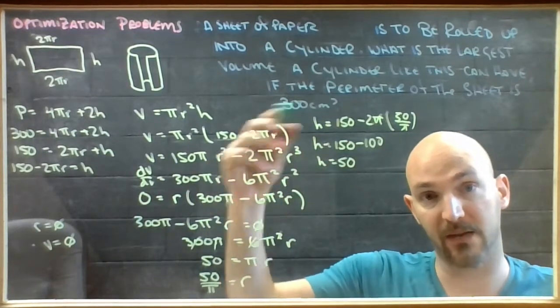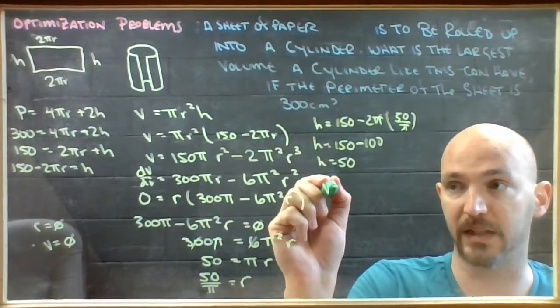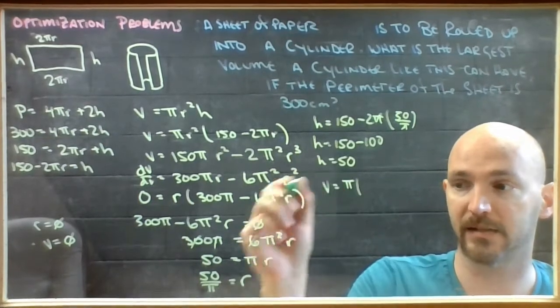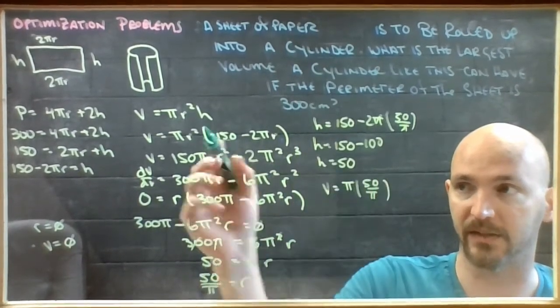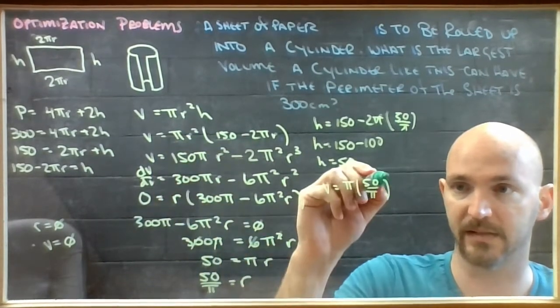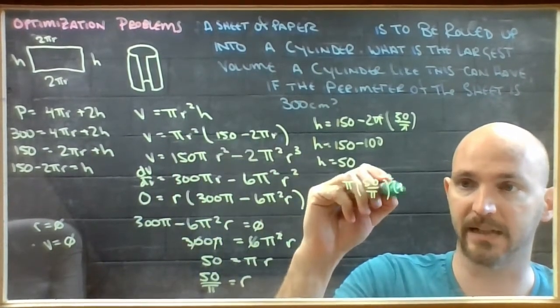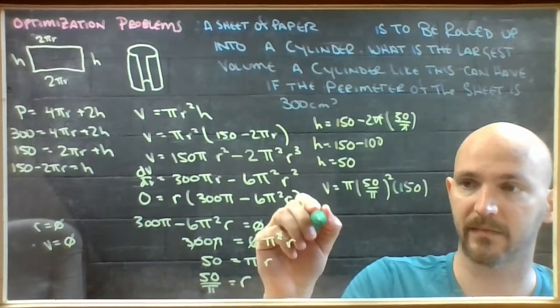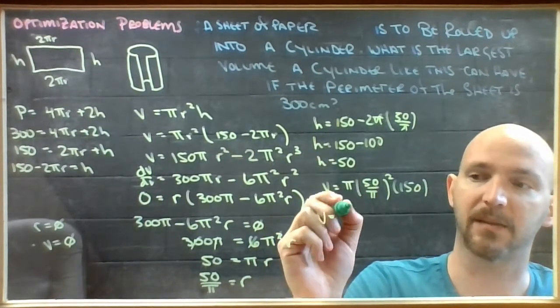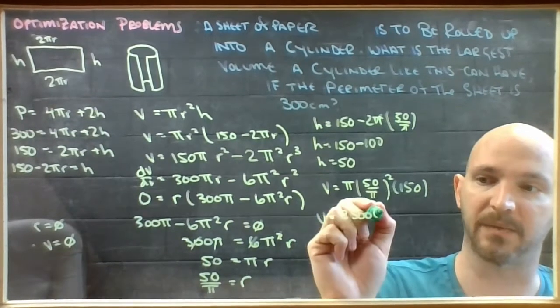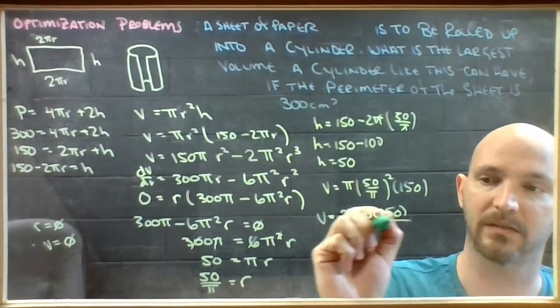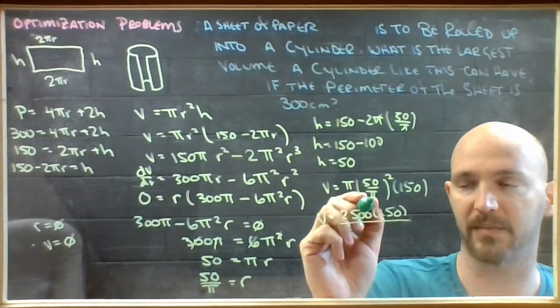That's going to actually have volume, and the volume would be pi times 50 over pi squared. I just took this and filled in my radius, multiplied by my height. 50 times 50 is 2,500 times 150.